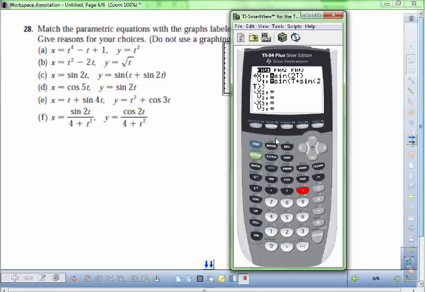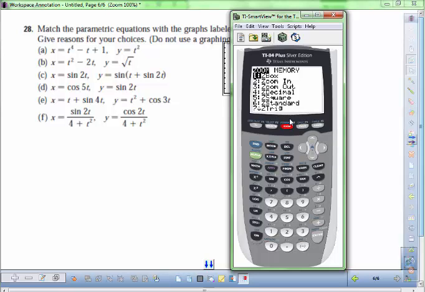By the way, you can get this set up to zoom to a particular area, or zoom standard gives you a -10 by 10 window. So you can hit zoom standard, or you can do a zoom fit, I think.